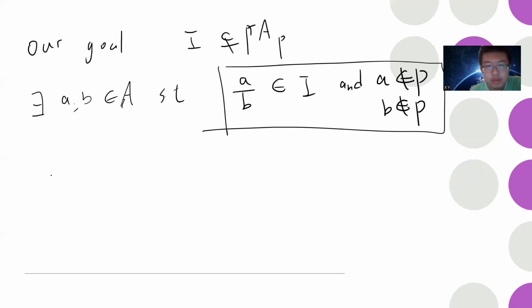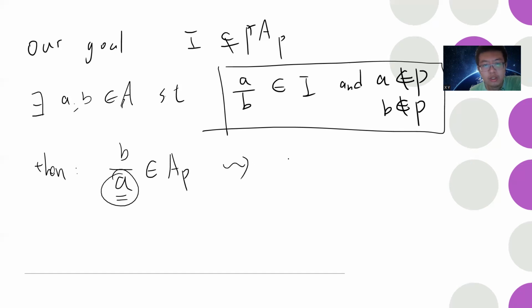Okay, but so we have this. But if this is true, then what? Then obviously b divided by a will also be in A_P. The reason is that a does not belong to P, right? So with this denominator, b divided by a by definition is still in A_P. But then a divided by b times b divided by a will be 1.